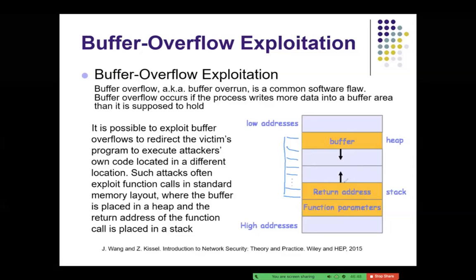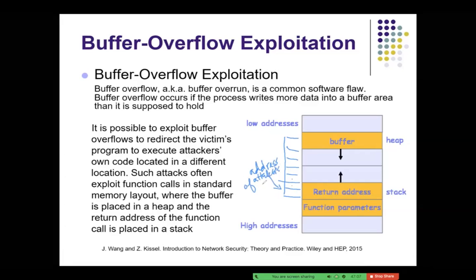If you can figure out where that return address is, then you can put the address of the attacker's code in this return address. When the function finishes running, you go back to the return address, and this time you are actually going to run the attacker's code. So that is buffer overflow.